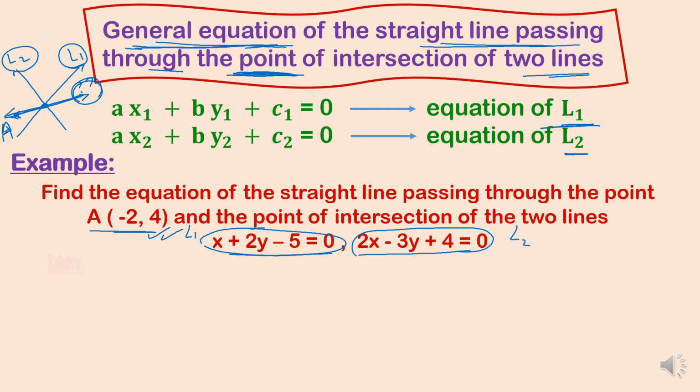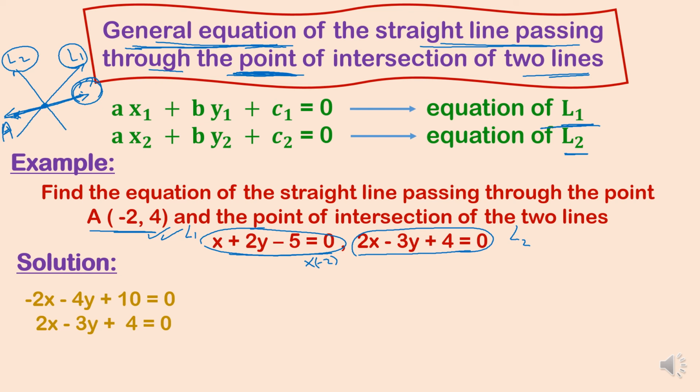Okay, so the solution is we will try to solve these two equations simultaneously as we studied before in the third preparatory. So we will multiply the first equation by -2. The answer will be -2x, 2 times -2 will be -4, -5 times -2 will be 10.